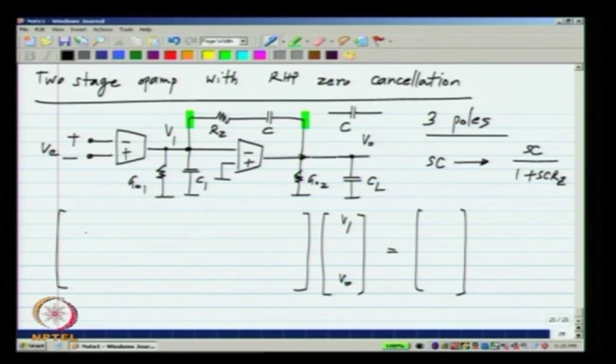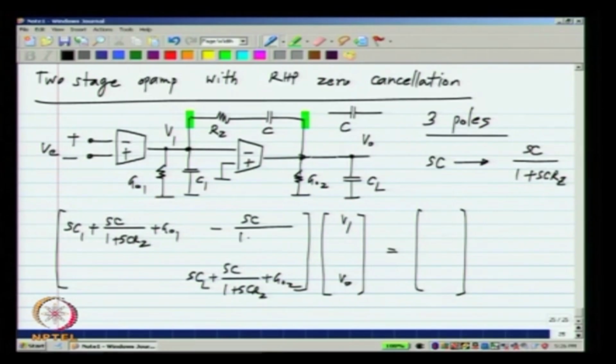So, the equations turn out to be that is the total admittance loading the first node, total admittance loading the second node, like that, and then here we will have, and finally there we will have the source vector remains the same.